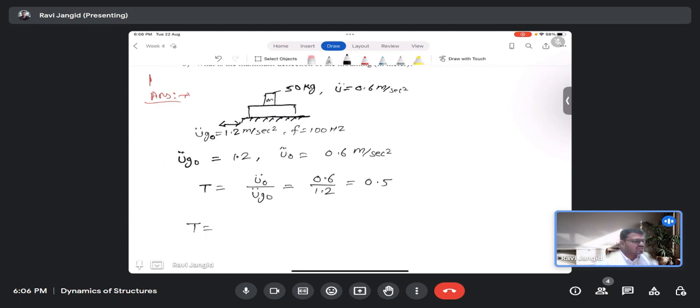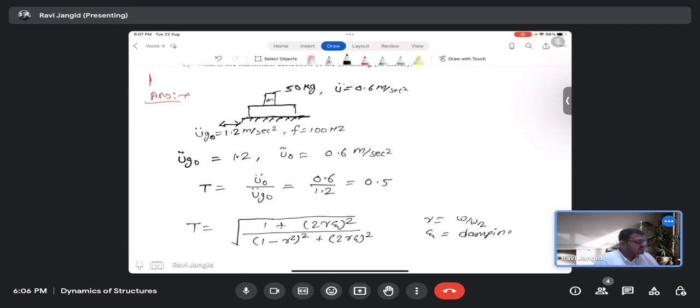So the transmissibility of the system is given as T equals the square root of 1 plus (2 r zeta) square over (1 minus r square) whole square plus (2 r zeta) square, where r is omega by omega n, zeta is your damping, and T is the transmissibility, which is given to you as 0.5.